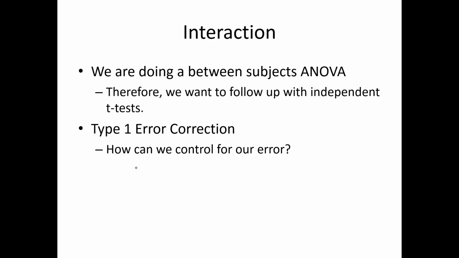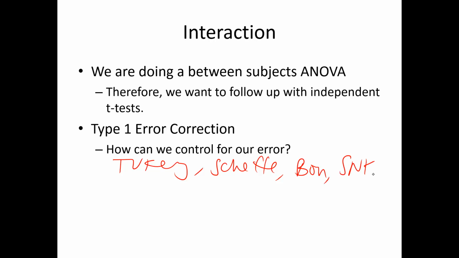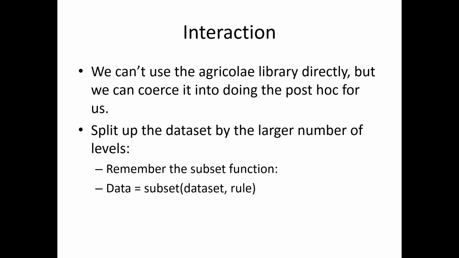For the correction, we could do Tukey, Scheffé, Bonferroni, or S&K, like we talked about last week. But we can't use that library directly. So we're going to coerce it into doing post hocs for us by splitting up the data set on the larger number of levels. So this is talking about split, not analyze. This is splitting up so we can analyze.